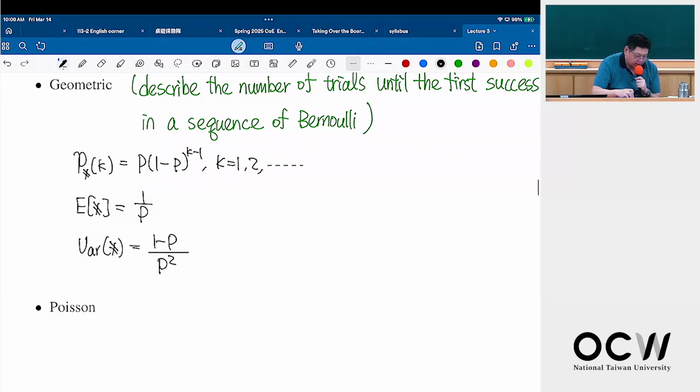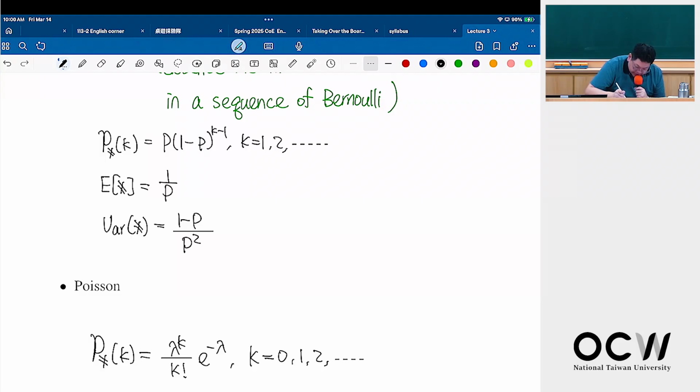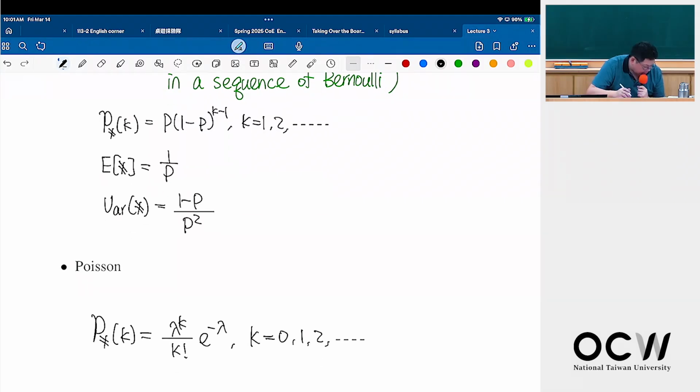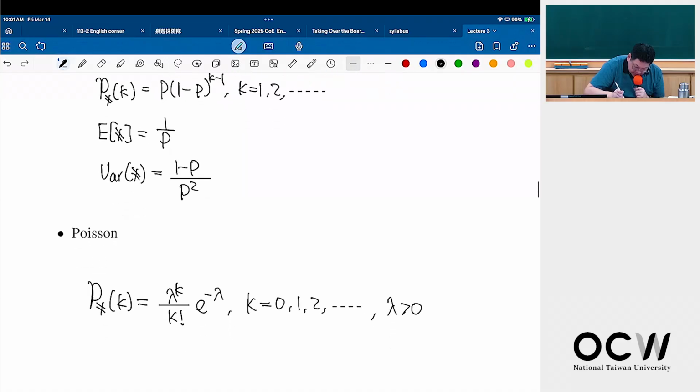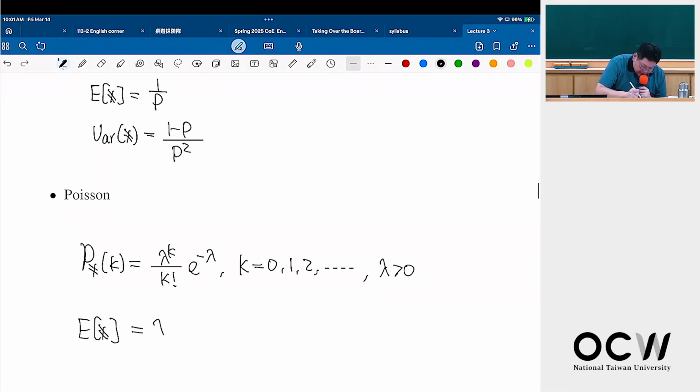And for the Poisson, the PMF is lambda to the k divided by k factorial times e to the minus lambda. k is from 0, 1, 2 to infinity. And then lambda should be greater than 0. The expectation is lambda, and also the variance is lambda.